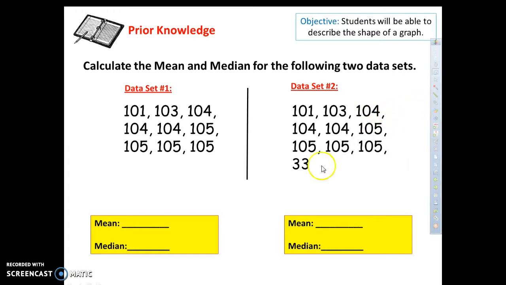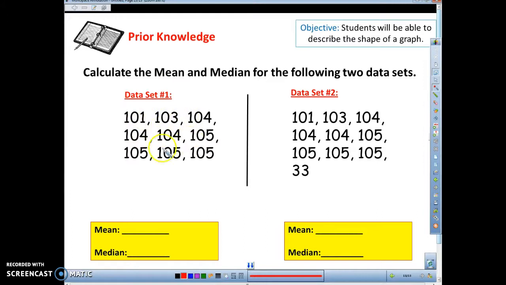Okay, so hopefully you have paused the video and came up with the mean and median for these data sets. If you added up these numbers here and then divided by the 9 that there are, you should have gotten a mean of 104.